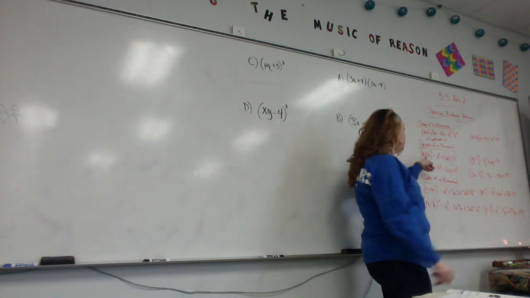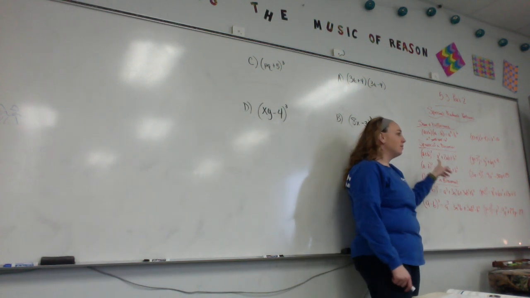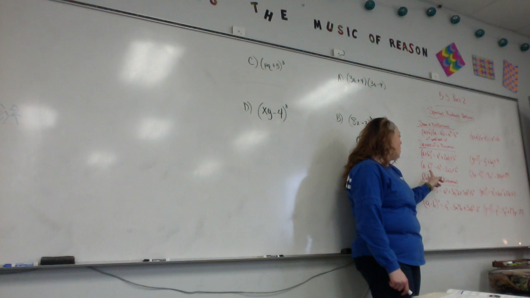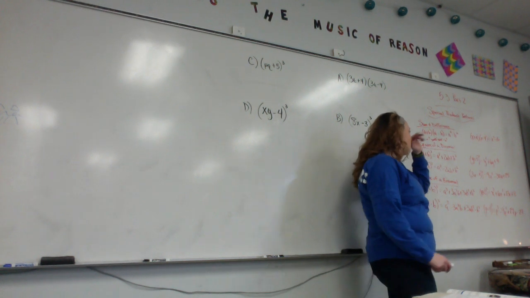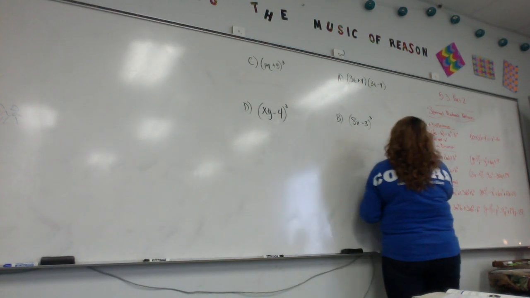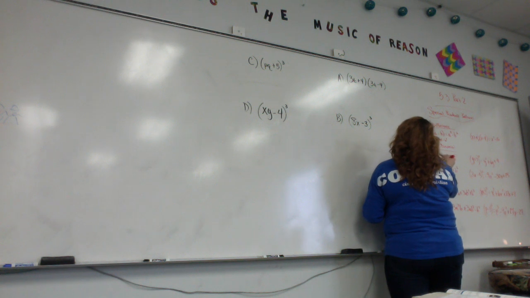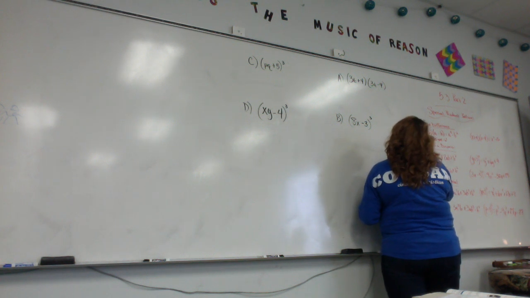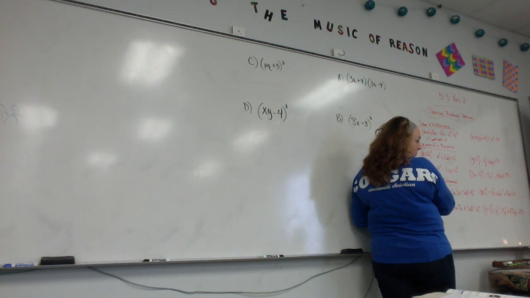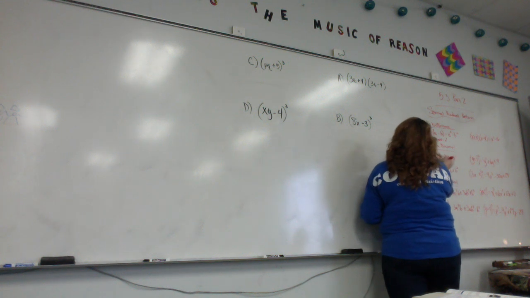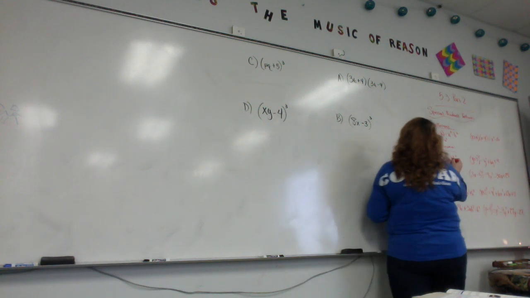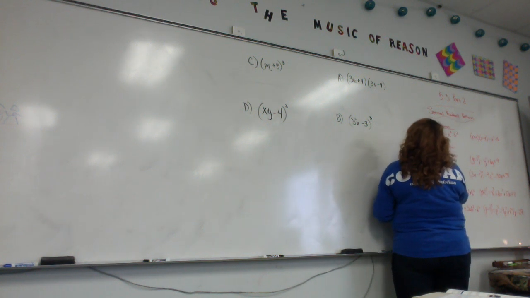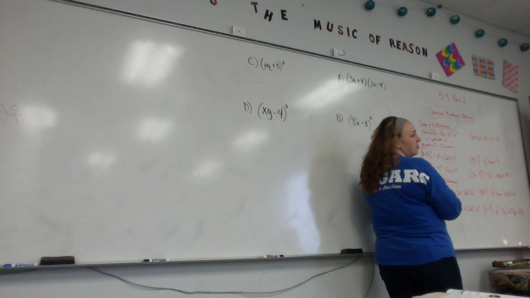This is where I have something squared, like a plus b squared, or a minus b squared. Here's the pattern. If you have a plus b squared, the first part is whatever this first thing is, squared. The second part is both parts multiplied together, and then you multiply them by 2.